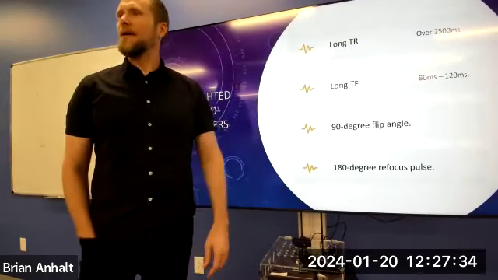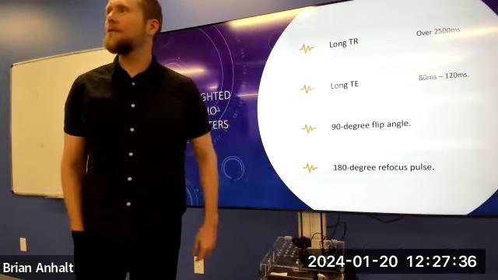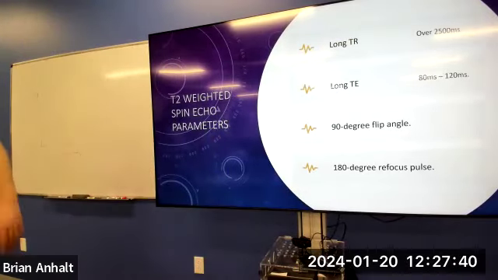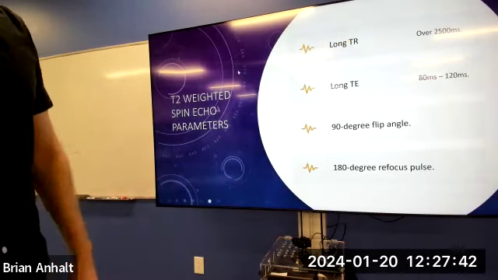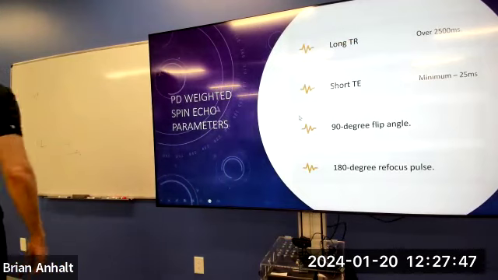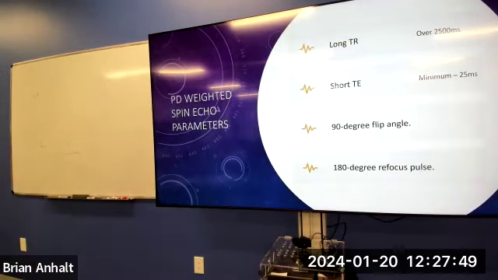Over 2,500, right? And then we want to minimize T2 information. How do we do that? Short TE. There we go. Proton density weighted. Minimize T1 with the long TR, minimize T2 with the short TE. Now our image contrast is based purely on proton density.